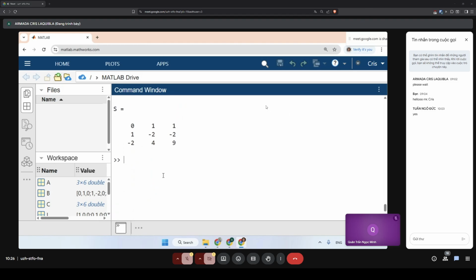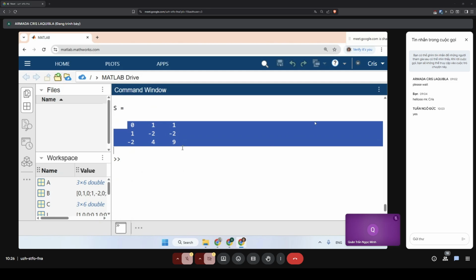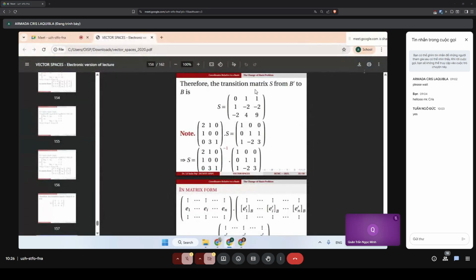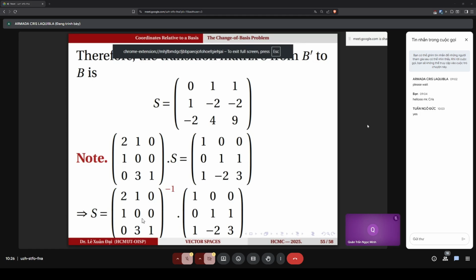And yes, we really get the correct answer. We have there 0, 1, negative 2, 1, negative 2, 4, and 1, negative 2, 9. And we got the S also. So this is the other way, class, of finding your S transition matrix. You can use this. Just multiply the inverse of your B to your B prime.